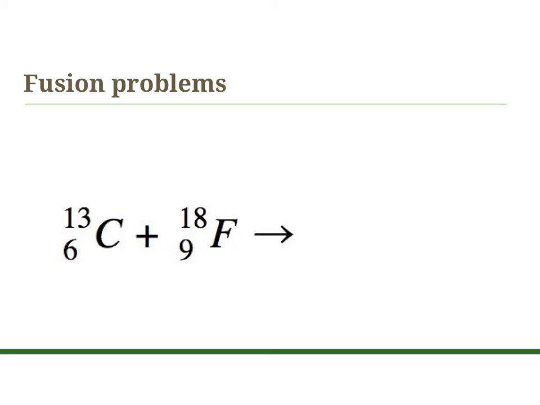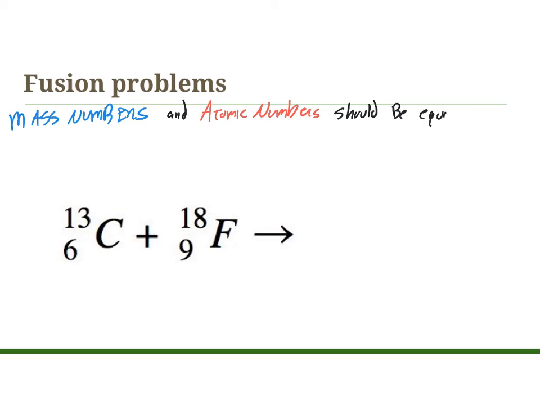So a couple of things to remember is that mass numbers and atomic numbers should be equal on both sides of the arrow.